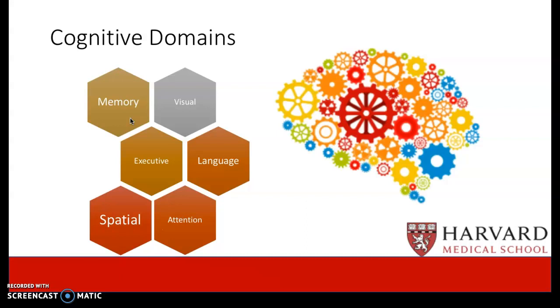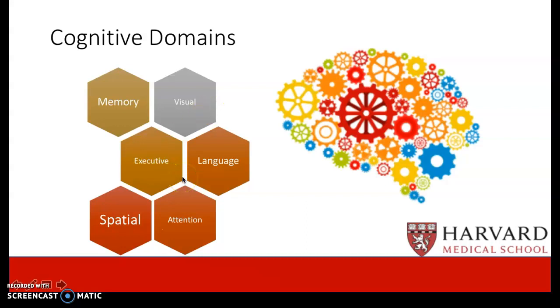The last 2 are also very important, including spatial, which basically works in conjunction with the visual cognitive pathway. It takes the visual processing and allows you to figure out where you are in space. So for instance, with your visual cognitive domain, you recognize that you're in a neighborhood that's familiar, and then the spatial cognitive domain helps you to navigate your way back to a familiar place.